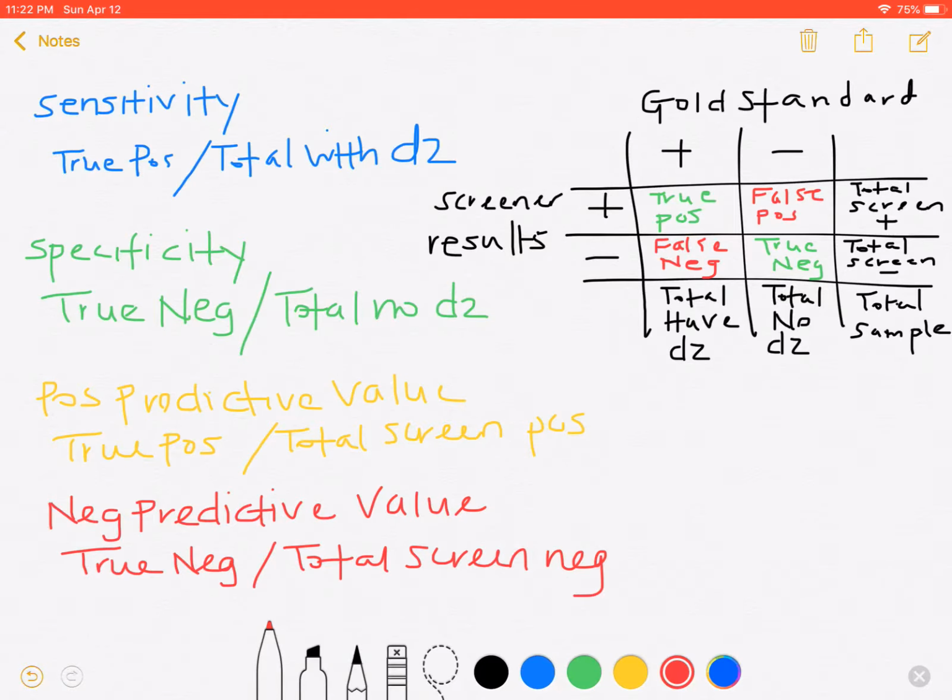What this tells us is if you screen negative, how likely is that test result accurate? How likely are you really negative if you screen negative?